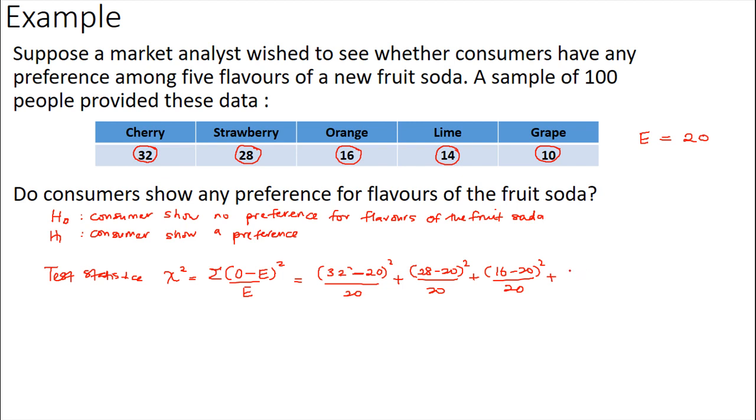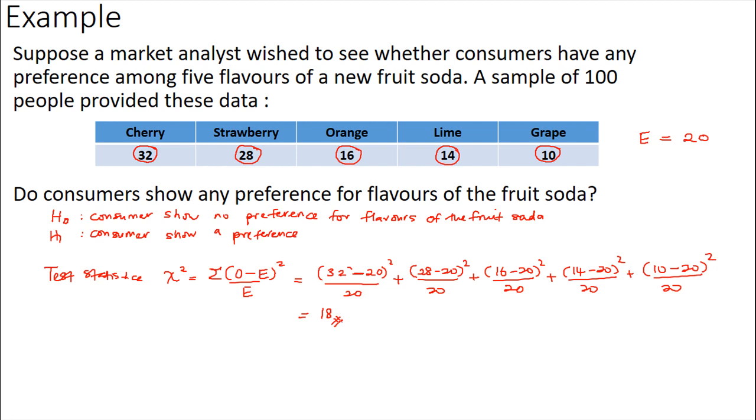The fourth category, 14 minus 20 squared, divided by 20. And for the last category, grape, 10 minus 20 squared, divided by 20. Now you just have to simplify and use a calculator. So the answer is 18. This is our test statistic, 18.